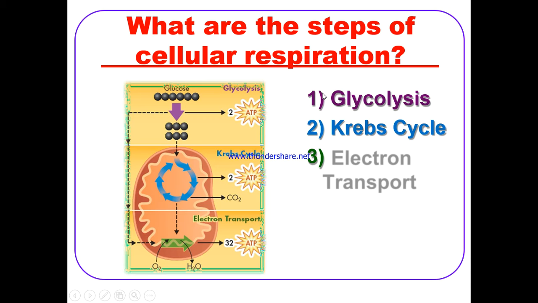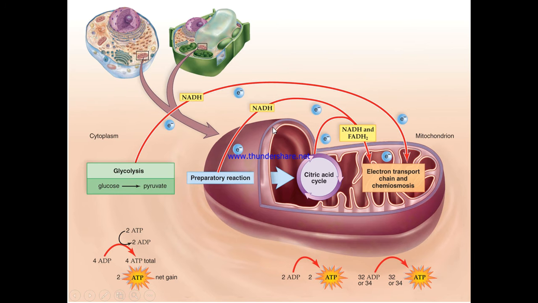And we have the three steps of cellular respiration: the first one glycolysis, the second one Krebs cycle, and the third one electron transport chain. They are the three stages of cellular respiration.